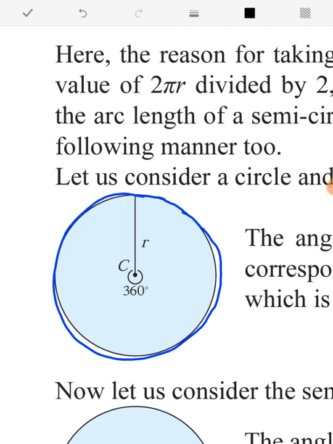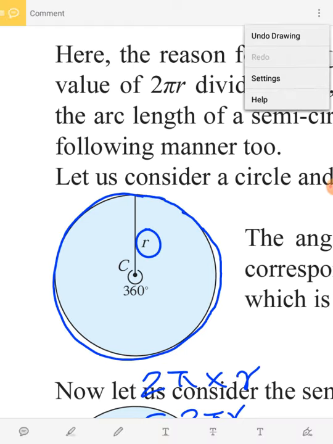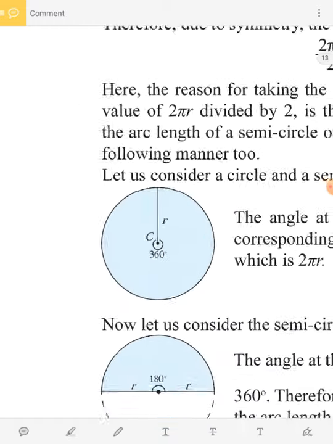So the arc length is equal to 2 pi times the radius. Radius is r here, so we multiply by r, and your answer is 2 pi r. Hope this one is clear to you. Let's move to the next part.